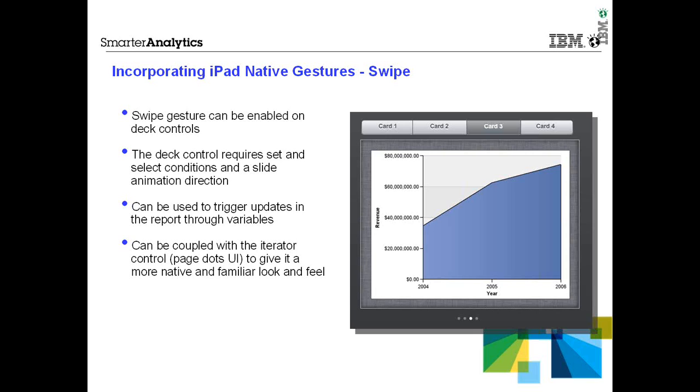This is a common gesture to move from, let's say, one data card to another data card and quickly do your analysis. If you want to do a quick review, you can move from one region to another region quickly using the swipe gesture.